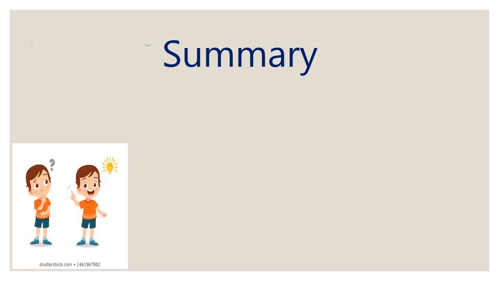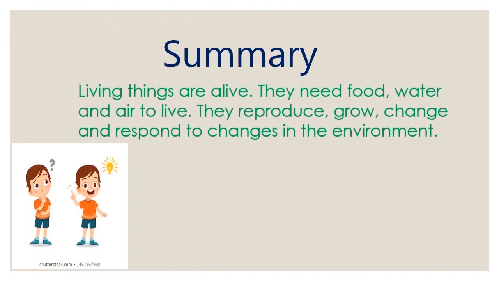But before we end this lesson, let's look at the summary. All right, ready for that summary? The summary for this lesson is: living things are alive. They need food, water, and air to live. They reproduce, grow, change, and respond to changes in the environment.